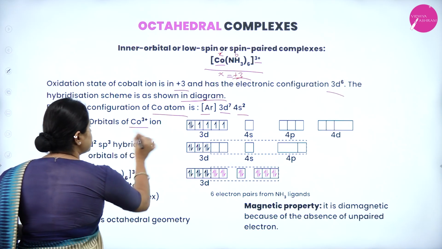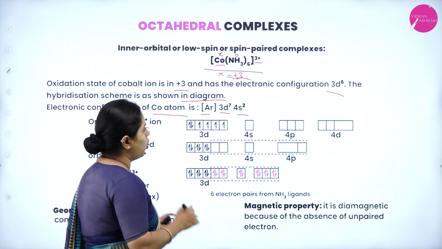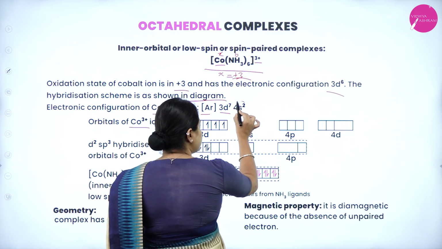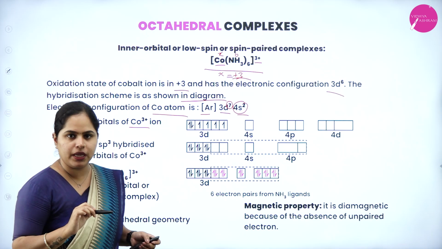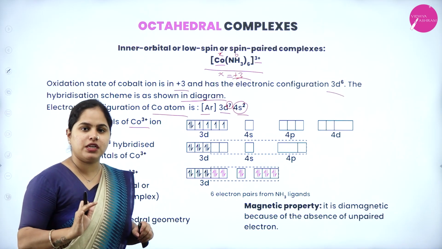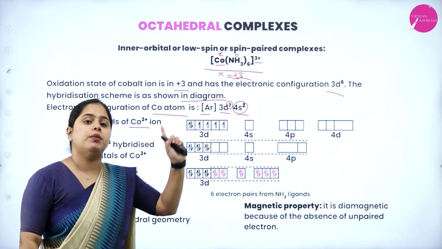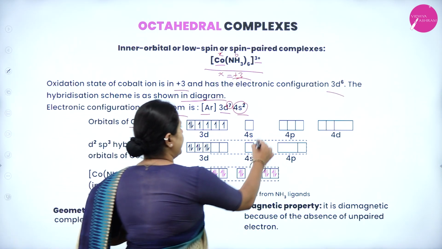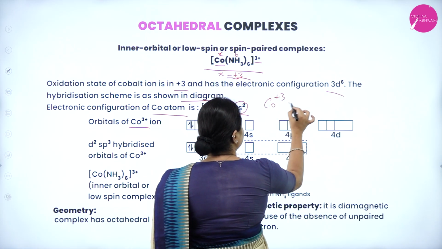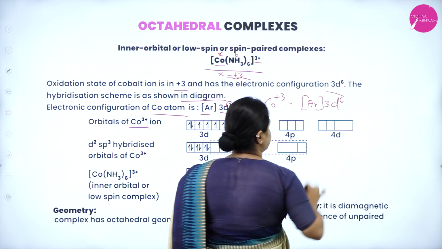It is in +3 oxidation state. In that case, 2 electrons from the s orbital and 1 electron from the d orbital will be removed, since 3+ means 3 electrons are lost. So 2 electrons will be lost from the s orbital and 1 from the d orbital. Hence in Co3+ state, the electronic configuration is argon 3d6.